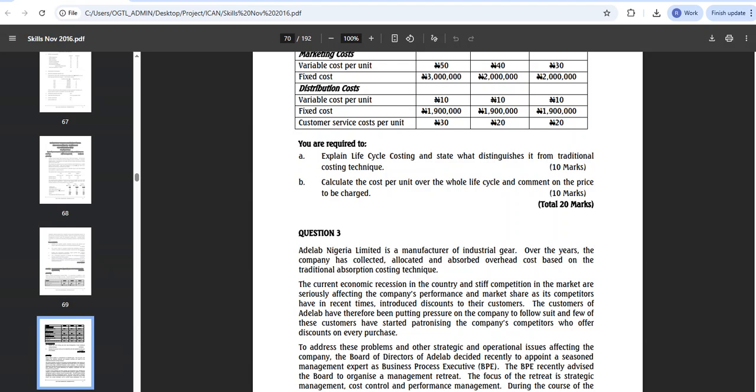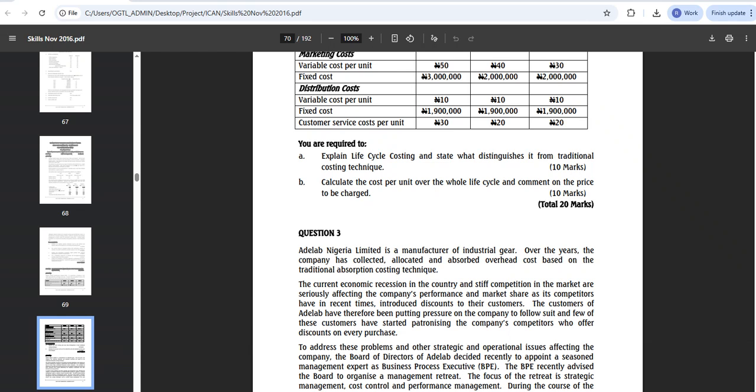For the life cycle, you said that it differentiates the cycle of products at each stage of production, and you said it includes the introductory stage, the growth, the maturity, and the decline. Then for the introductory stage, you talked about marketing and advertising of the product. While for the growth, you talked about sales promotion.